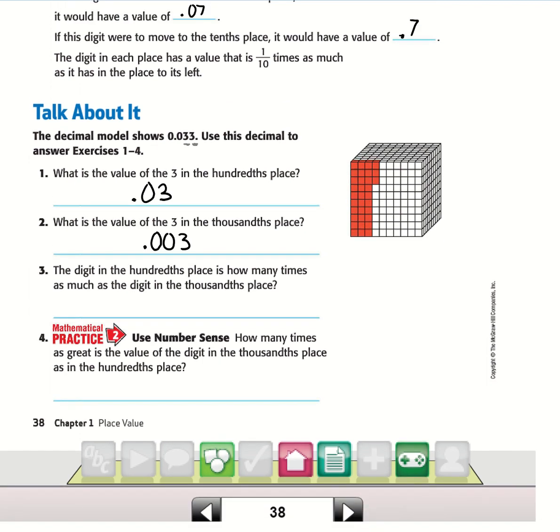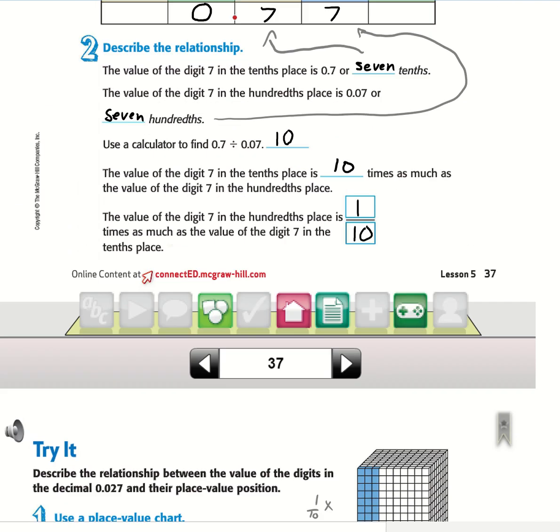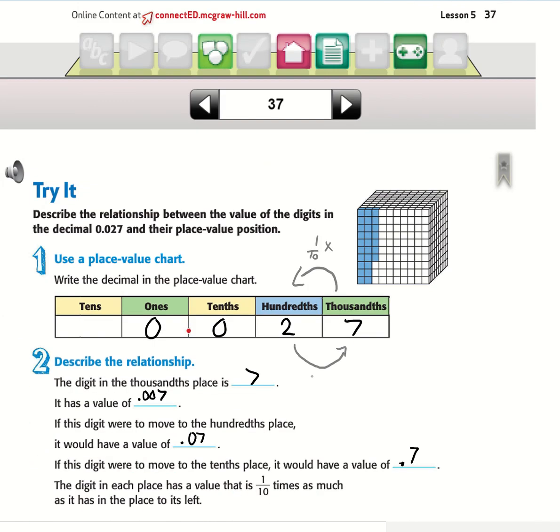The digit in the hundredths place is how many times as much as the digit in the thousandths place? Earlier we said if we're going this way, that is 1/10 times as big. But if we go to the right, we're going to go back to this magical number, and it is 10 times as much.